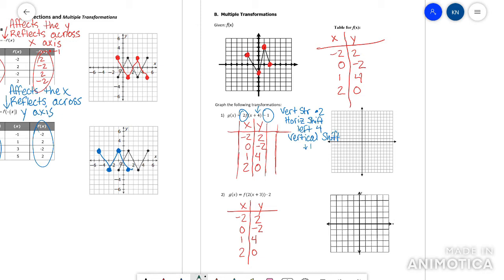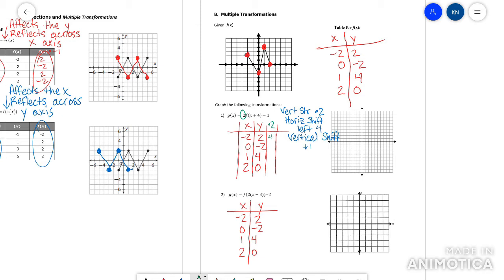So looking left to right at this equation right here, the first transformation that I see is that 2, this 2 right here. That is a vertical stretch times 2, so since it's outside, it affects the y, so it's going to go on this side here. And since it affects the y, it tells the truth, so you actually have to do what it says here, times by 2.